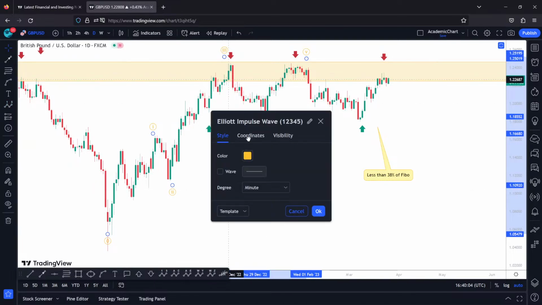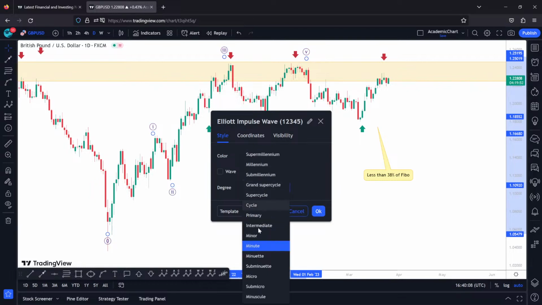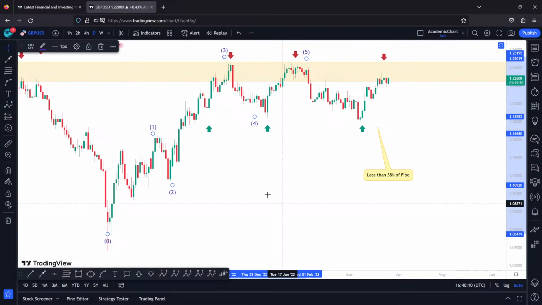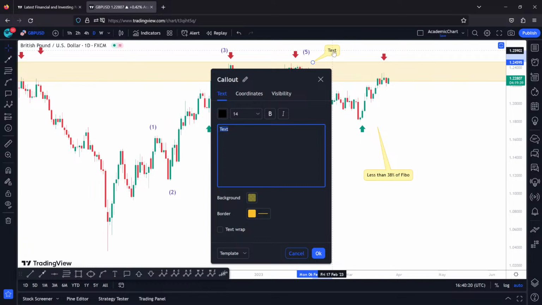If I can bring it up and come back to my primary and intermediate color. So this 5 with the truncation in the fifth wave, that's why the double top has been created. So it is a truncated wave, which I can add truncation here.